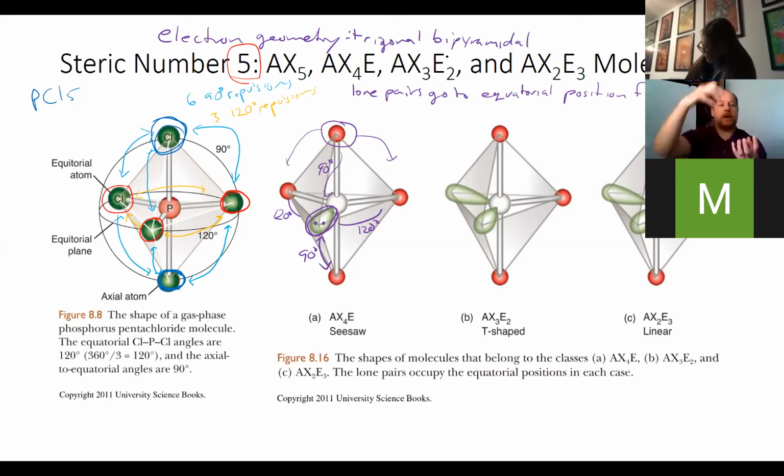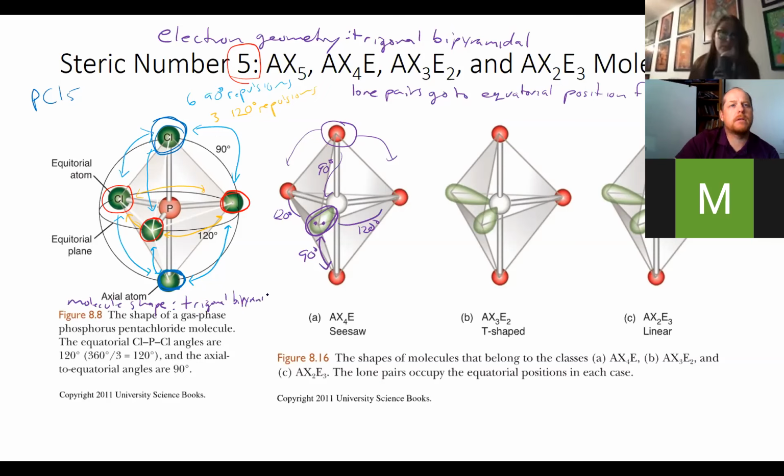Okay, it's 2 trigonal pyramids that are stuck one on top of the other, right? So when they're all the same, the molecule shape of a trigonal bipyramidal electron geometry with all the electron groups being surrounding atoms is going to also be trigonal bipyramidal. But when you start to replace those surrounding atoms, you start to get new shapes.